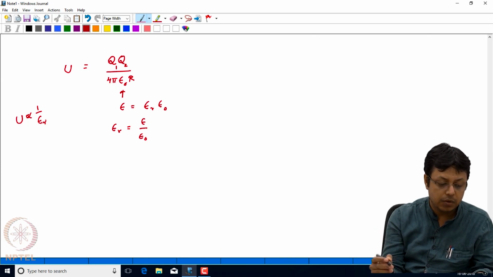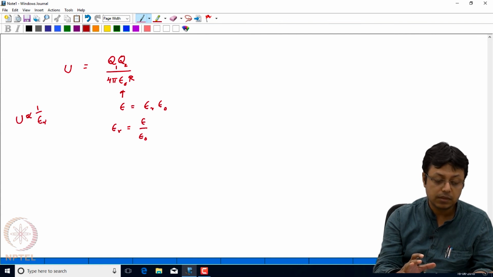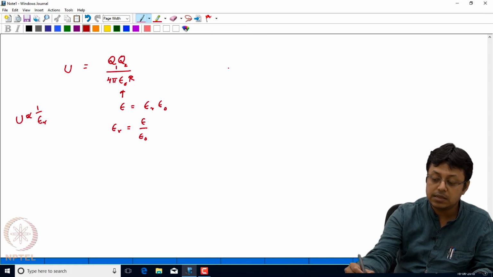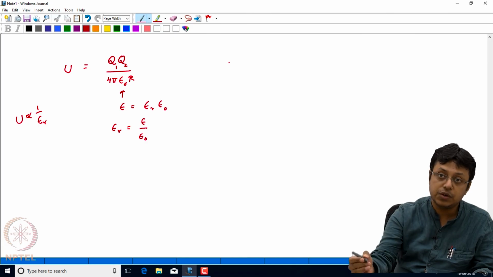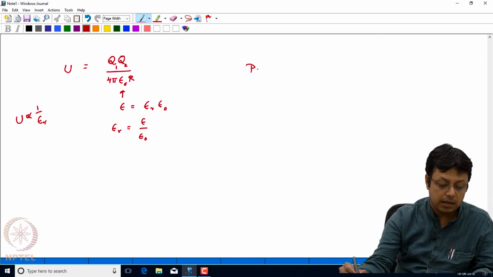And then we can get an equation relating the macroscopic dipole moment with the dielectric constant, because whatever we derived so far for the macroscopic dipole moment is from the molecular dipole moment. But now the question is, if the interaction goes as 1 over epsilon r, how will the macroscopic polarization go?